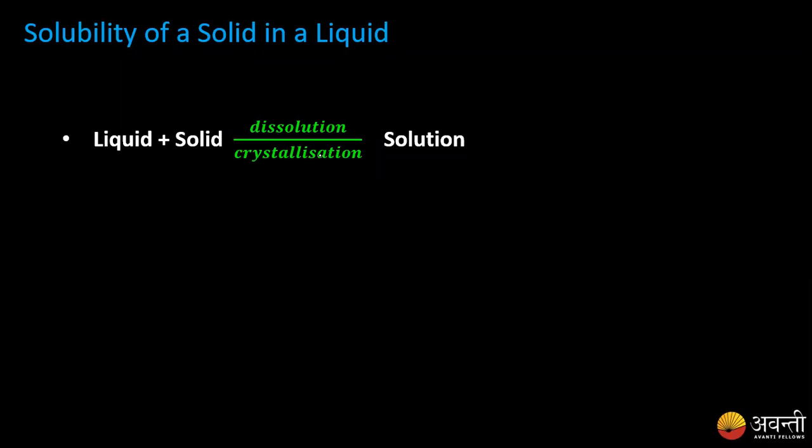But if crystallization starts, then the solution will start separating out solute particles and solvent particles. If dissolution is happening, the process goes forward as more solution is formed. But if crystallization is happening, the solution is breaking into solute and solvent particles, liquid and solid particles, separating out the solid particles.